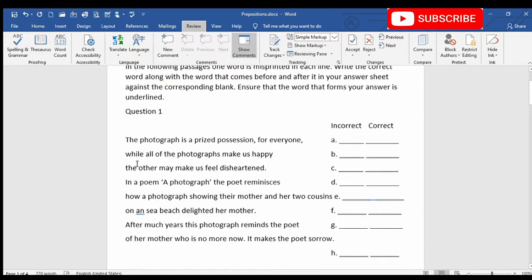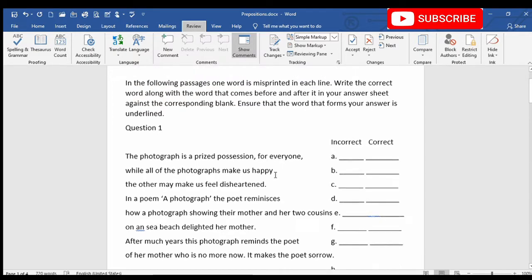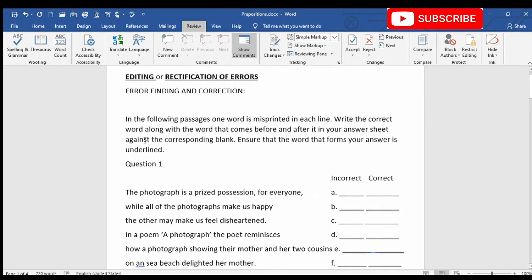Here you see in this question you can see some lines have been divided into numbers as A, B, C, D, E, F, G, H and has been asked to edit. What is the instruction given here? In the following passages, one word is misprinted in each line.